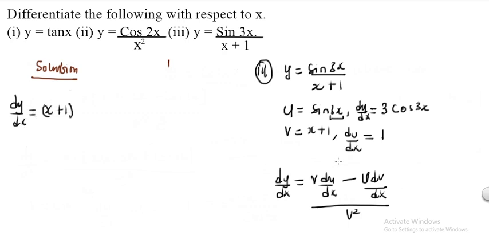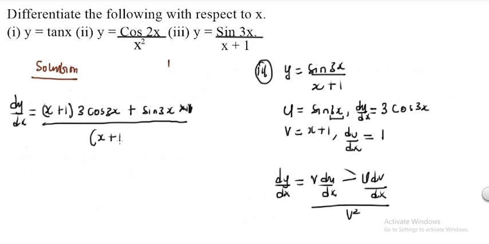The next thing we find is du dx. So our du dx is 3 cos 3x. So 3 cos 3x plus our u value is sine 3x. This will be sine 3x times dv dx, which is 1. So I'll say times 1 here, divided by the denominator, v squared. So v squared here is x plus 1 squared.